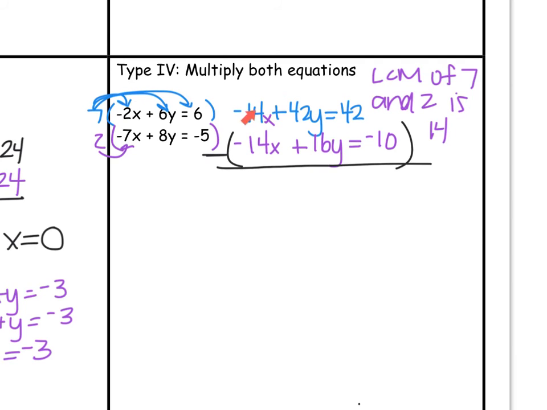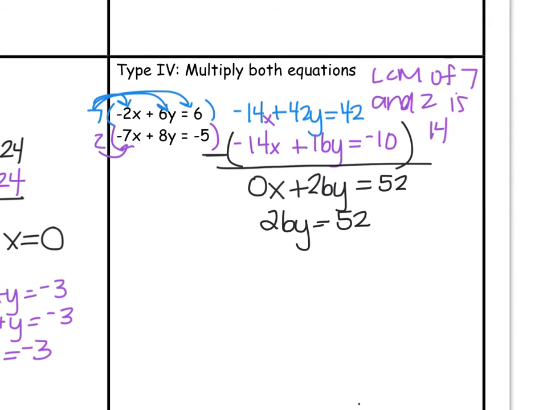Negative 14 minus negative 14 is going to give us 0x. 42 minus 16 is going to give us 26y. And 42 minus a negative 10 is going to give us 52. So now we ended up with 26y equals 52.